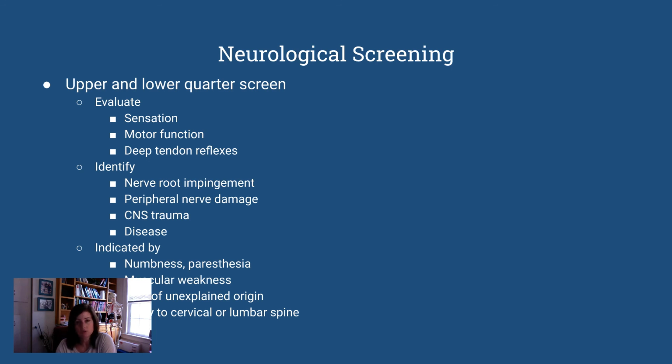These would be screens that you do on everyone, but especially if someone comes in with nerve type pain, so either paresthesias, pins and needles, or hypoesthesia, a decreased sensation. You are going to want to take a look at this. Any athlete or patient who comes in and relates any sort of injury to their neck or their back, you're going to want to make sure that you do a neuro screen on them as well.